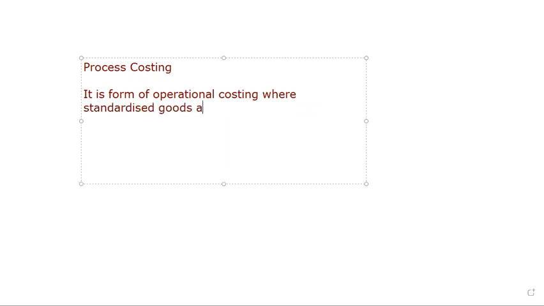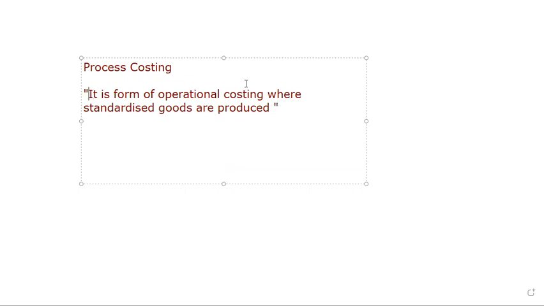Therefore, according to CIMA, the Chartered Institute of Management Accountants, London, they defined process costing as a form of operational costing where the standardized goods are produced. This is a very systematic method, where the standardized goods are produced by simply following the process.